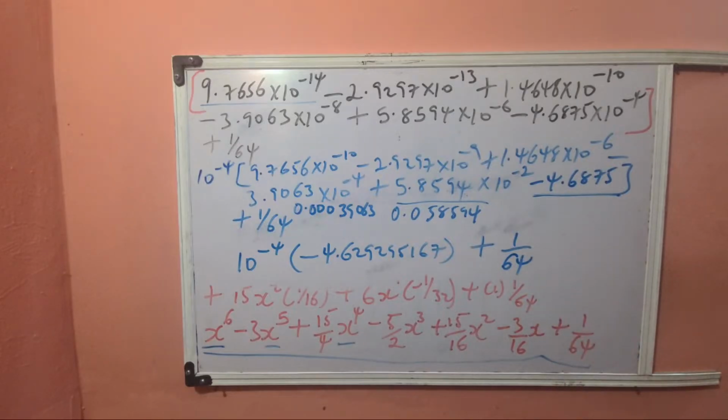And when I press this on the calculator, can you try and press what I just wrote, 0.0001 multiplied by 4.629295167. Then that value you get, then you have 1 over 64 minus that answer.